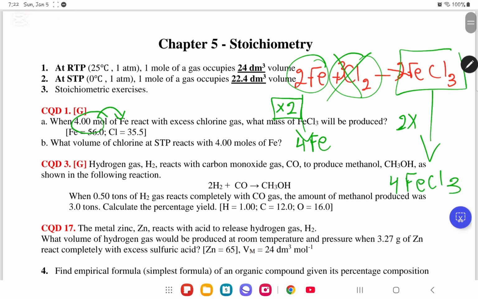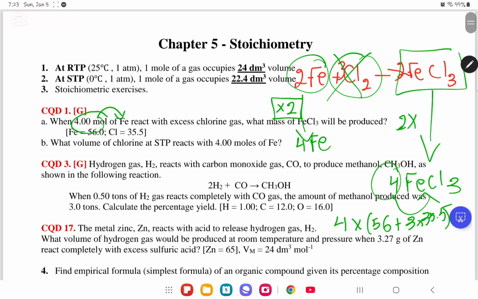But now, are they asking us for the number of moles of FeCl3 or for the mass that will be produced? They are asking us for the mass that will be produced. So, very simply, take your calculator and we're going to do 4 multiplied by the molar mass of FeCl3. Fe is 56, in addition to 3 times the mass of Cl, which is 35.5.